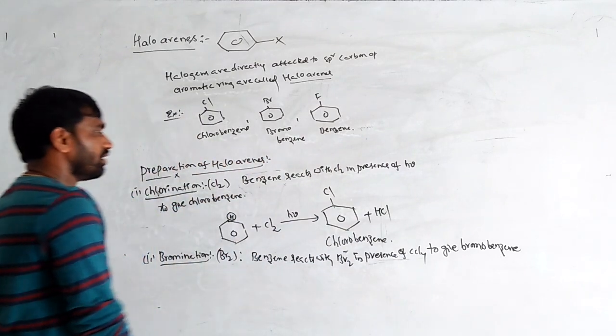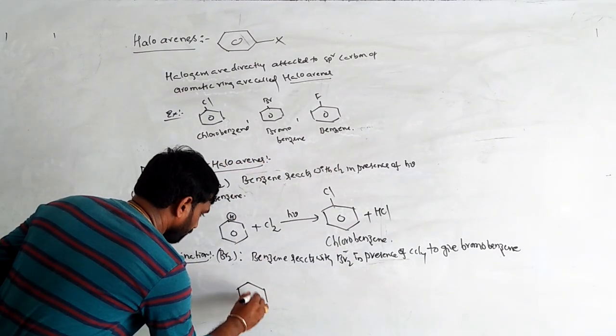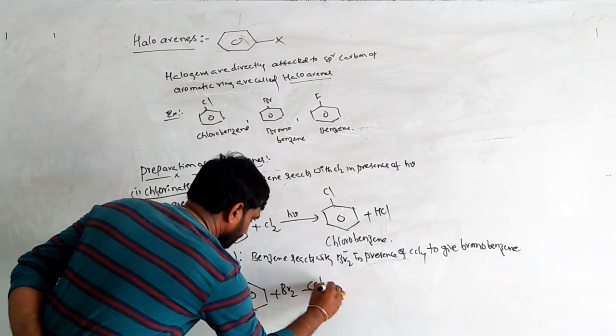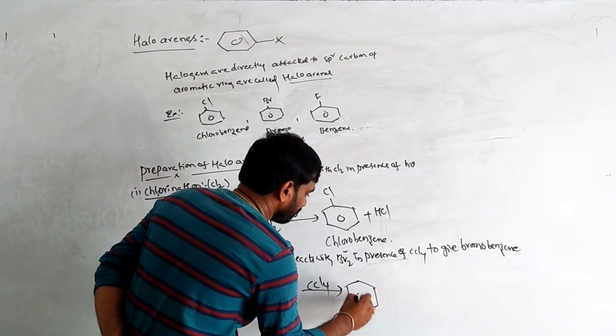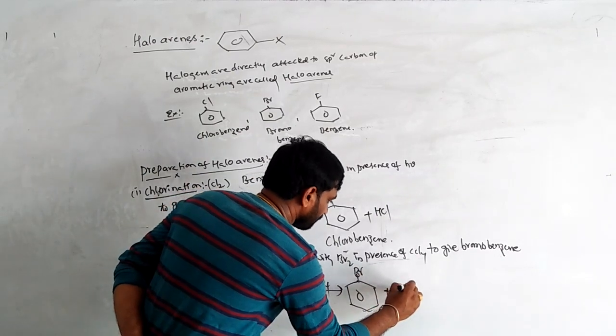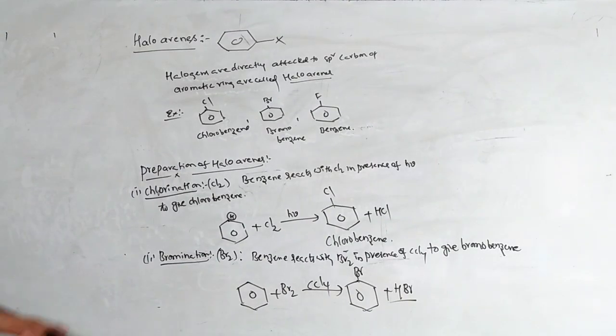This is also a haloarene. So Br is attached to the aromatic ring, that means bromobenzene, and the remaining is removal of hydrogen bromide. This is bromination.